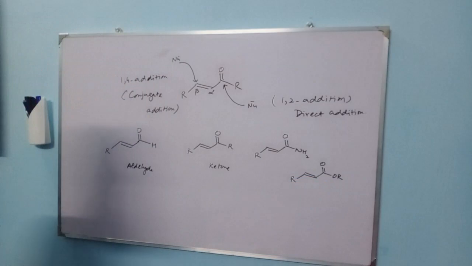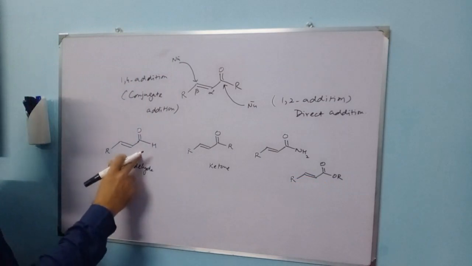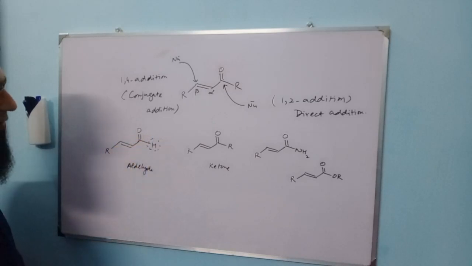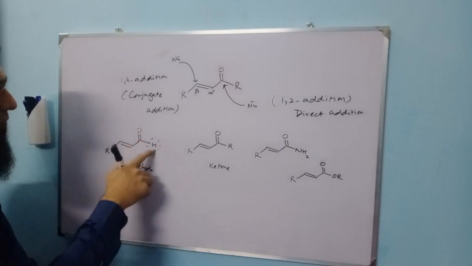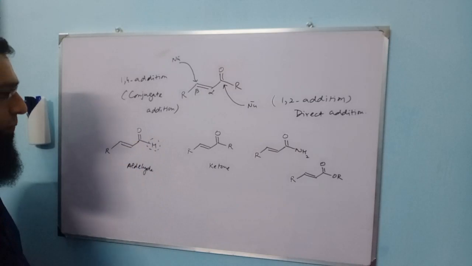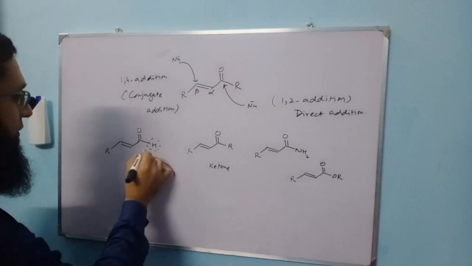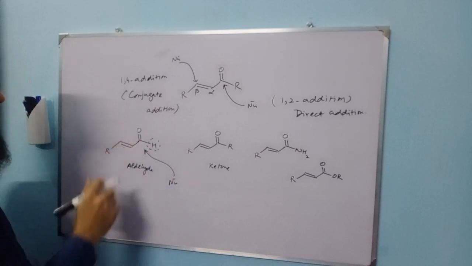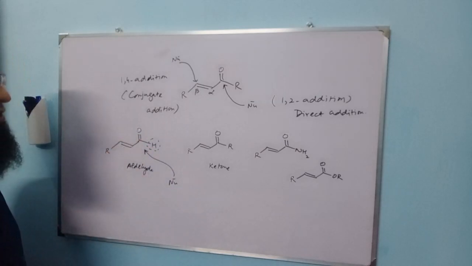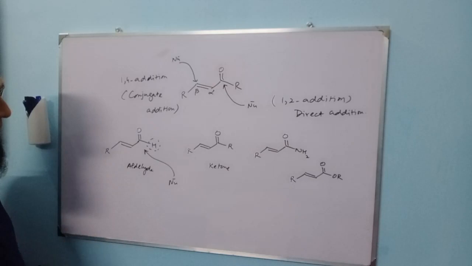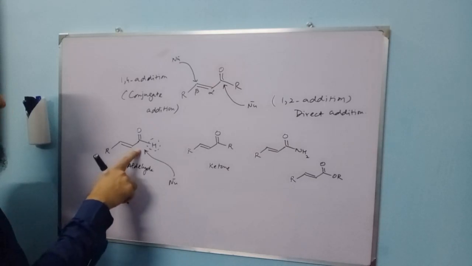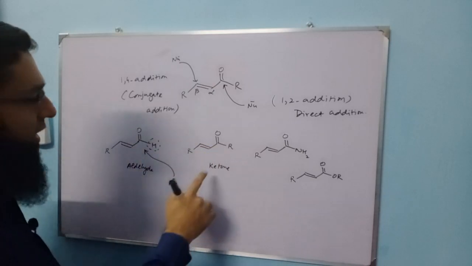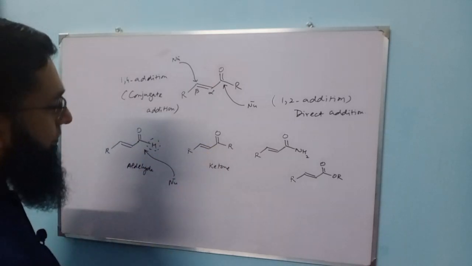If we see, this aldehyde is unhindered. There is no steric hindrance on the carbonyl group because hydrogen is a small group. Therefore, nucleophiles can easily attack the carbonyl carbon. As a result, direct addition can take place, which means this is more electrophilic in comparison to the others.